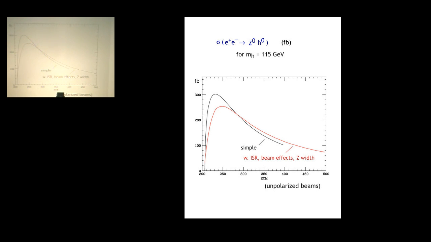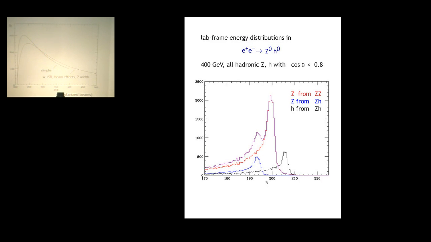I think probably a better way of thinking about it is that as you do the linear collider program, at every energy you'll measure the Higgs. And somehow you want to put all that data together to get the highest statistics on the properties of this Higgs reaction. Here are the lab frame energy distributions for e+ e- to Z Higgs. This is really a pretty rough cut.